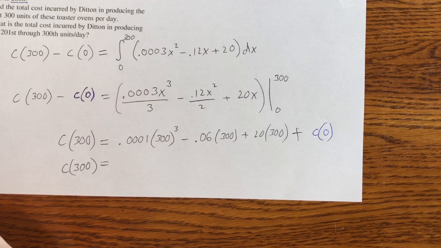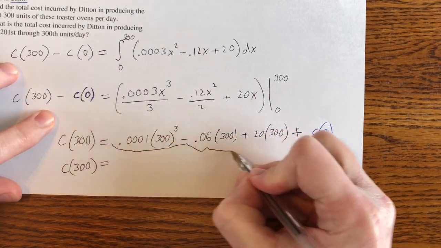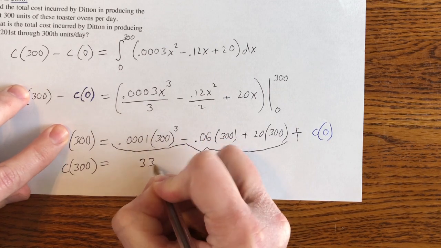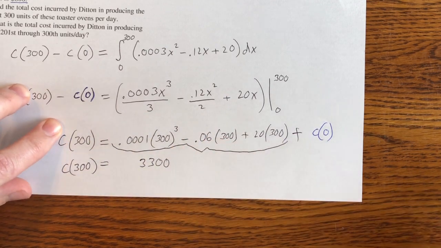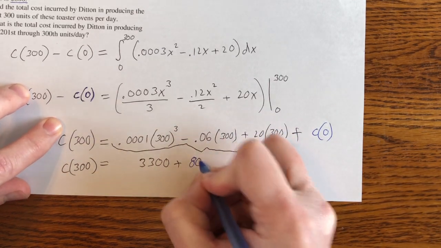I'm just going to use my calculator now to come up with some values. All right, so my calculator is telling me that this entire expression in black pen is equal to 3,300. And then the expression C of 0, which we were just talking about in blue, that's going to be equal to our daily fixed cost. That's 800.